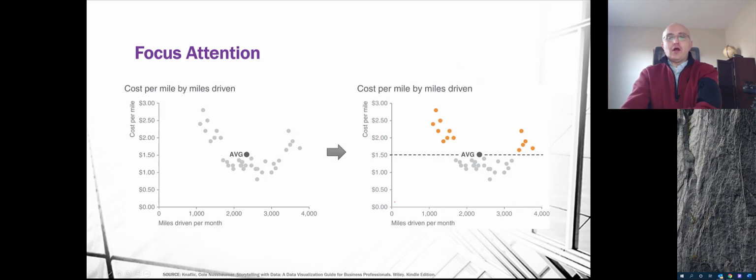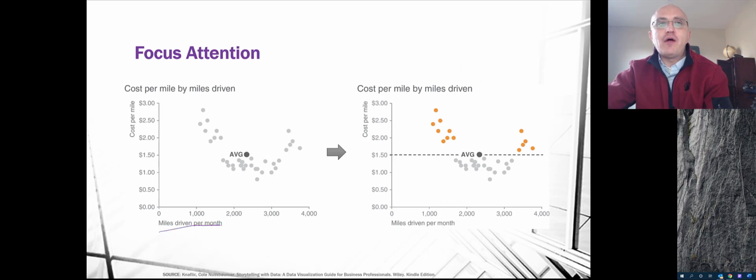Well, if you do a quick look along the bottom here, we can see that this is miles driven per month, and on the Y, it's cost per mile. So she does 2 things here to help our eyes and to focus our attention. She draws a line across, in the X orientation, to split the Y space in half. So then we can kind of deduce that these are vehicles.